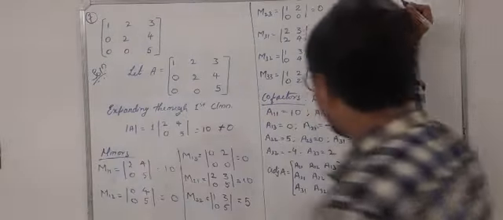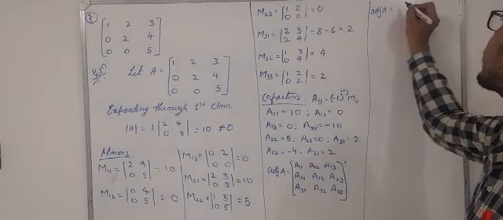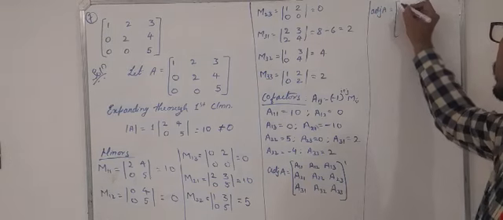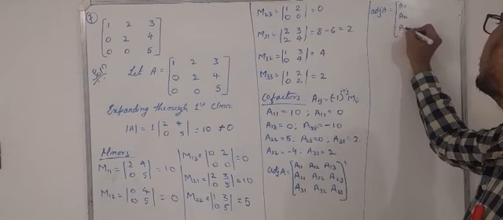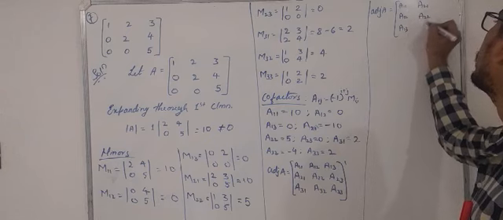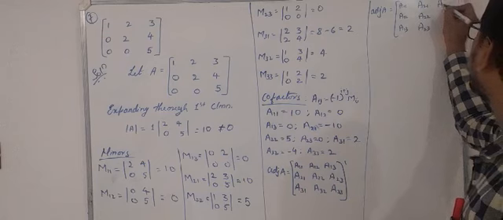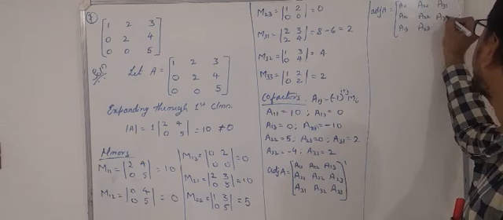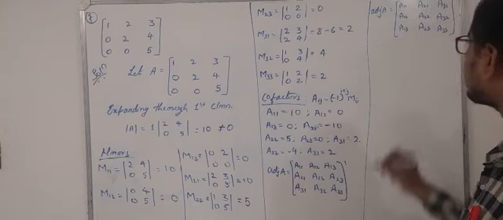So I can write adjoint of A as equal to A11, A12, A13, A21, A22, A23, A31, A32, A33, right?